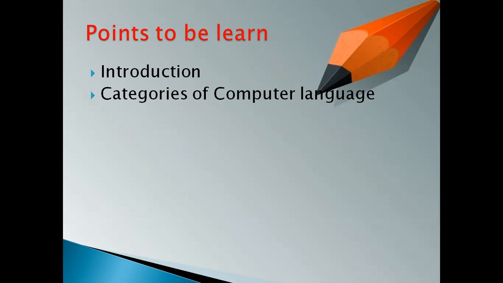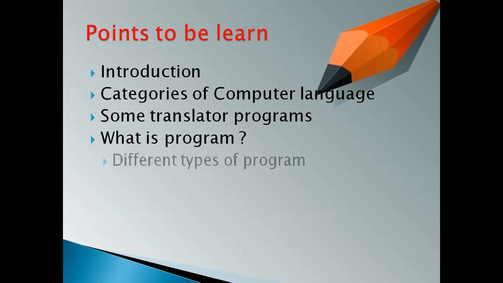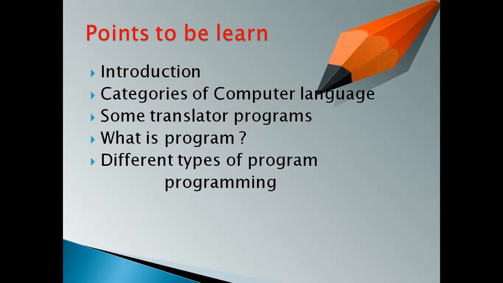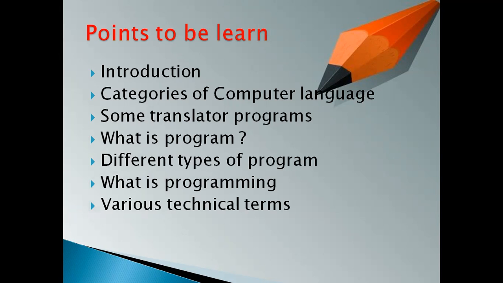Then in the second part of the video we covered some translator programs, what is a program, and the different types of programs, as well as what is programming. So these 4 points were covered in part 2. And now in this video we are going to cover various technical terms and what is pseudocode. These 2 points we are going to learn through this video.